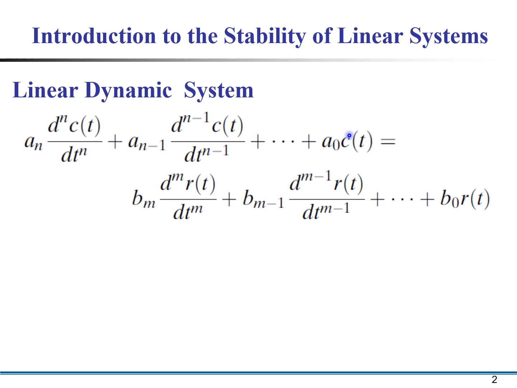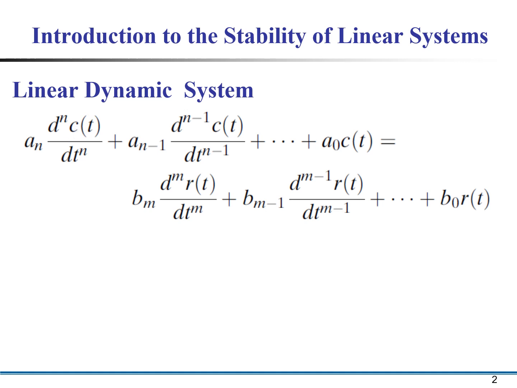Here, C of t is the output of the system and we say this is the response of the system. R of t is the input to the system and we say it is the reference input to the system. Here m is also an integer. Just remember, the order of the system is determined by the highest degree of the derivative of the output signal.